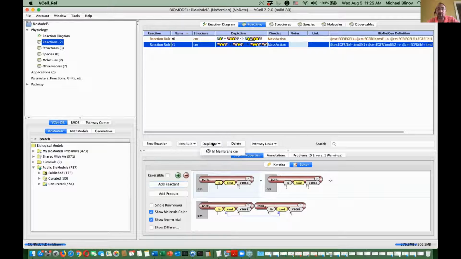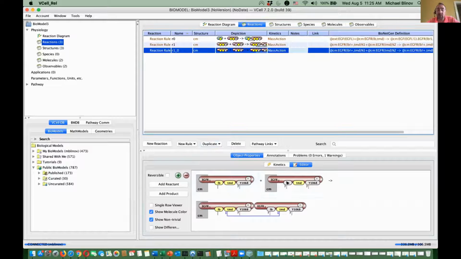And then we duplicate this rule, and we say that now we have a higher probability or rate of interaction when two receptors are both bound to ligands, then they will form a dimer. So far we don't know what will happen eventually. We just define our biological knowledge.